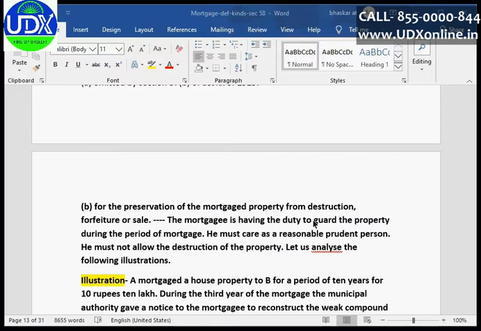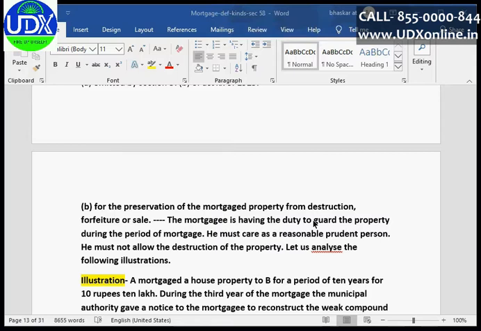He must inform the mortgager, and when the mortgager gives the permission or requests the mortgagee to spend the money, only then will the mortgagee have the right to spend the money and to protect the property and to keep all the accounts in such a manner so that the mortgager is going to reimburse the money.